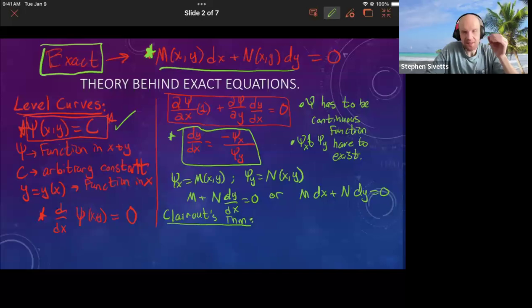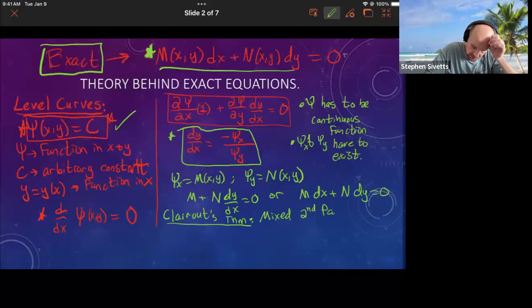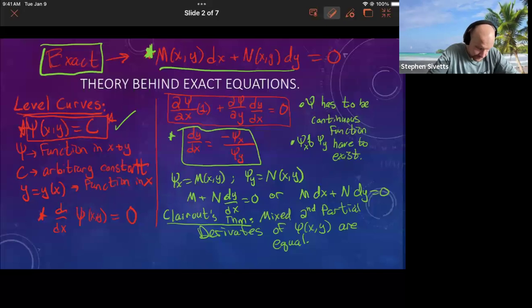Essentially, what this means is the mixed second partial derivatives of psi of x and y have to be equal. That's Clairaut's theorem: mixed partial derivatives are the same.